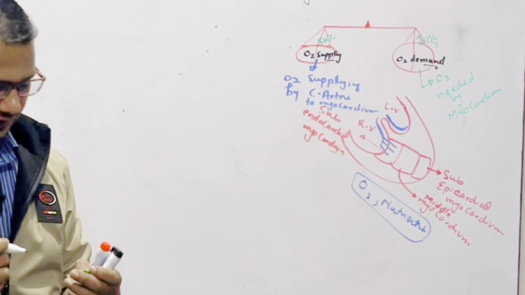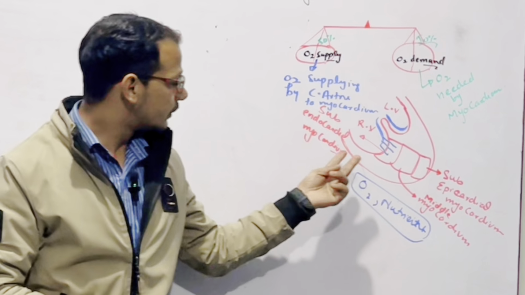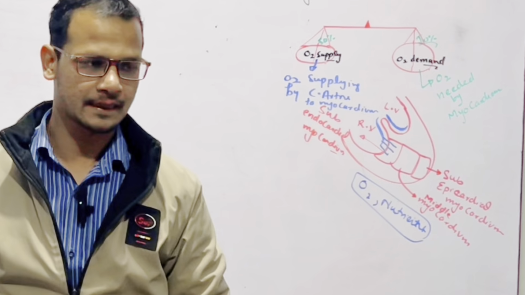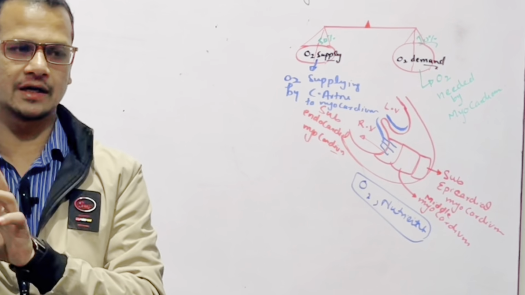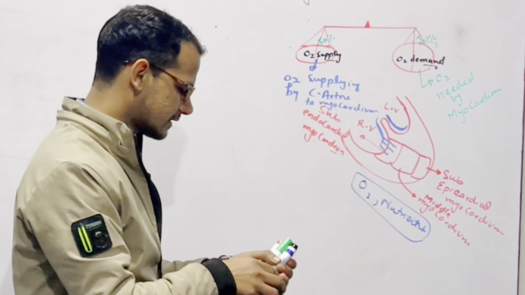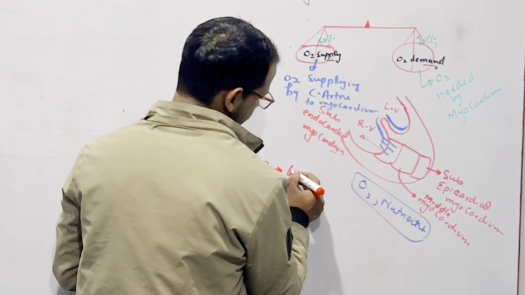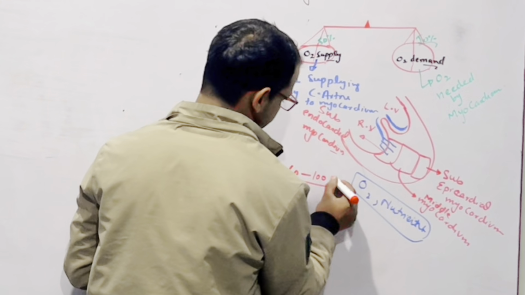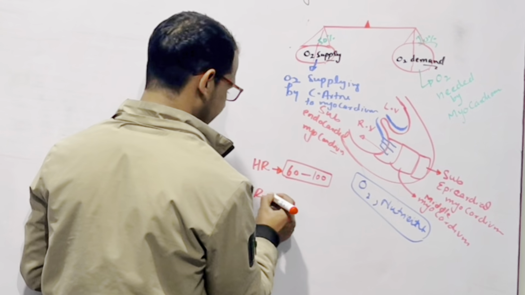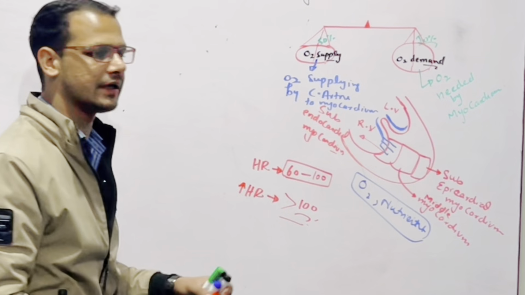For example, if a normal man is doing a workout, his heart rate increases, meaning he goes into a tachycardic state. The normal heart rate is 60 to 100 beats per minute. During exercise, the heart rate increases to more than 100, and this condition is called tachycardia.